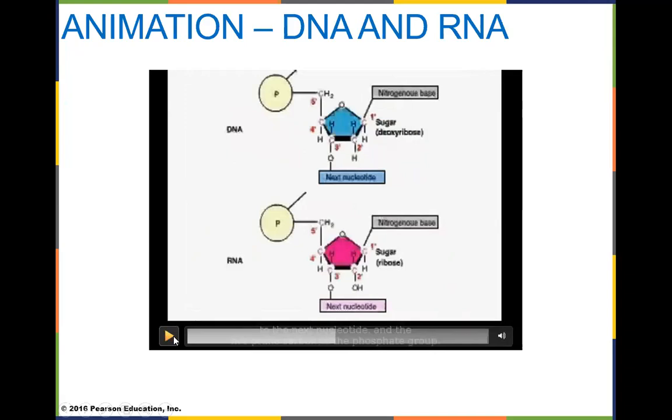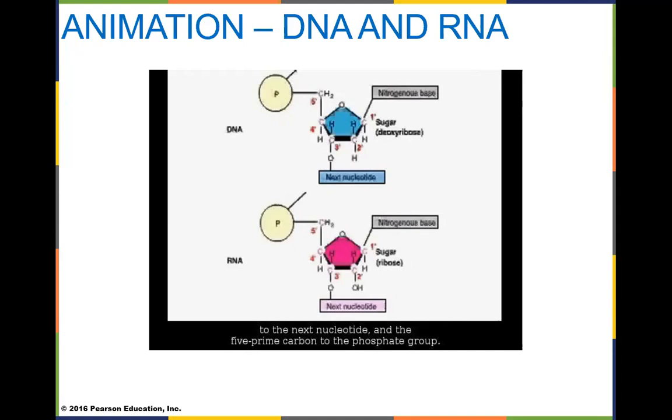Notice on the animation here how the phosphate and the sugar are bonded together, and the nitrogenous base comes off of the sugar. When I say this, the phosphate and the sugar make up the backbone.